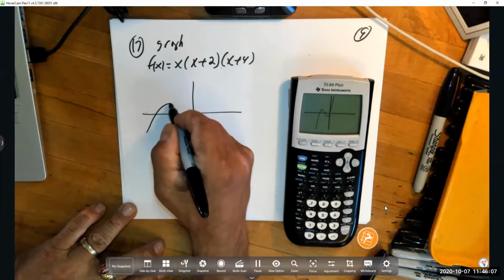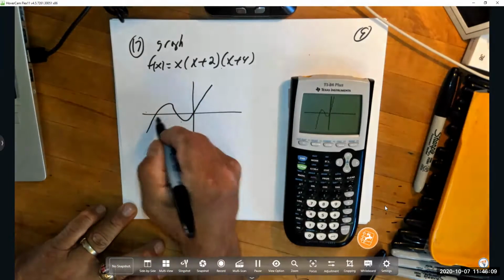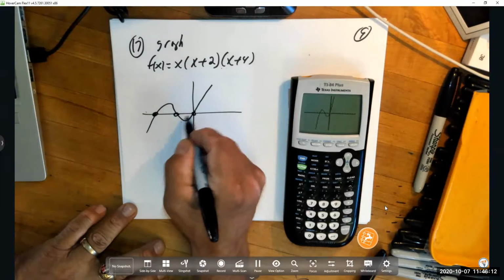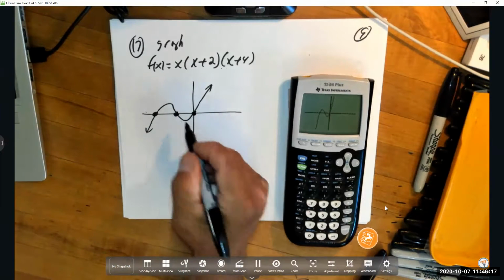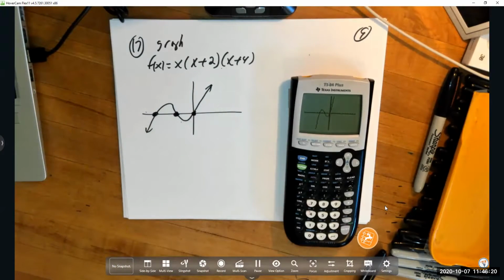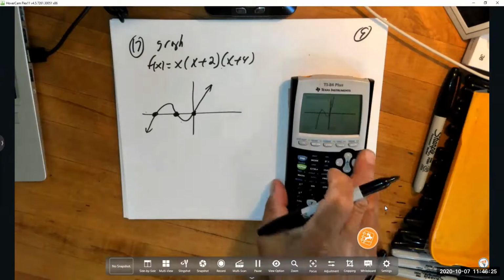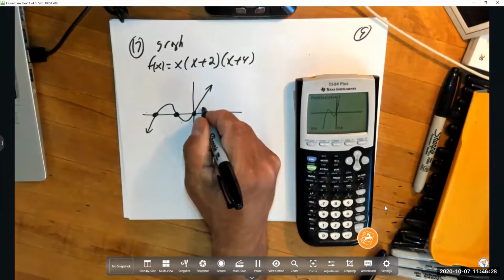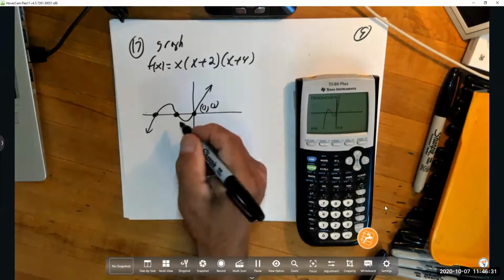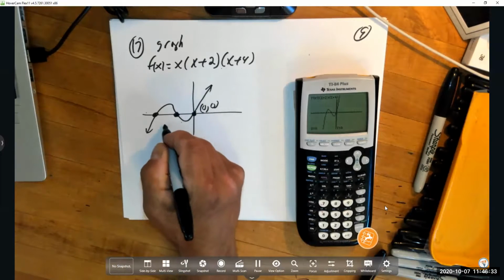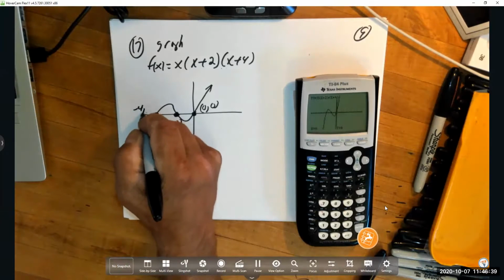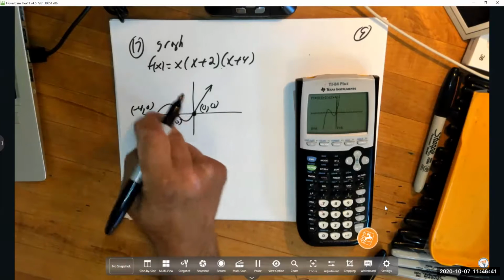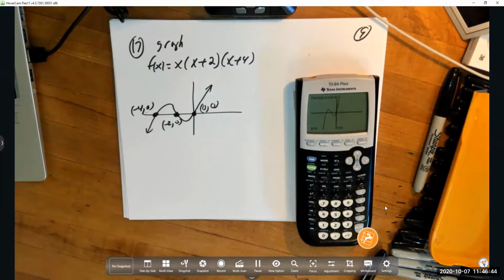It goes up, then down, then up again, and it hits the axis right there, right there, and right there. If I do a trace on it, it says 0, 0 is this one. The other numbers I got are negative 2, 0, and negative 4, 0. I got those three hits right there: negative 4, negative 2, and 0, 0.